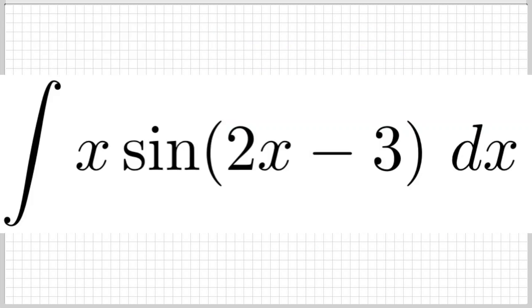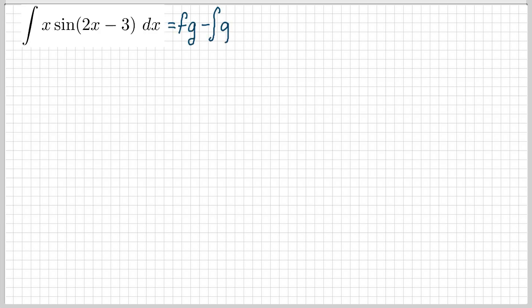So this has a little bit of a weirdness about it. This is an integration by parts problem, and it's going to have a u sub in it as well. So I'm going to use the form of integration by parts that's f times g minus the integral of g f prime.